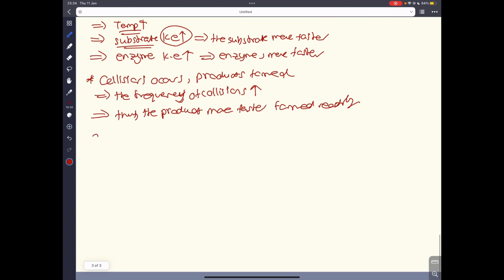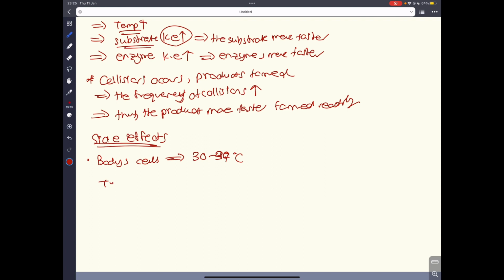However, we have to look at the side effects, the downside or disadvantage of using too high a temperature. Let's say for our normal condition, our human body cells work best around 30 to 37 degrees Celsius.